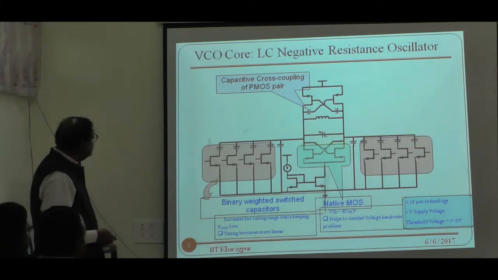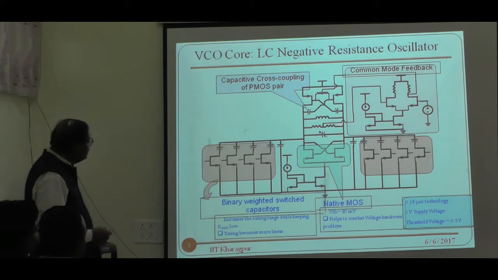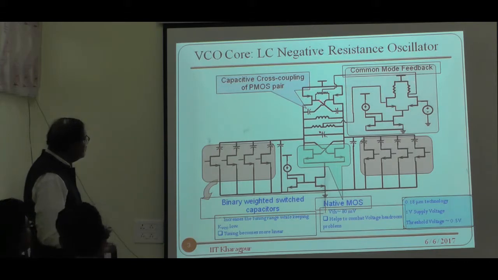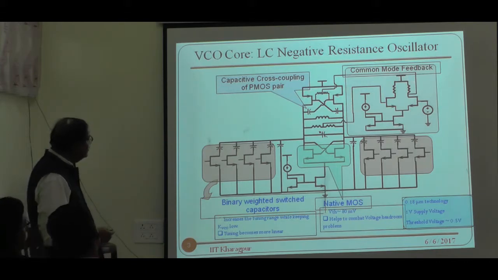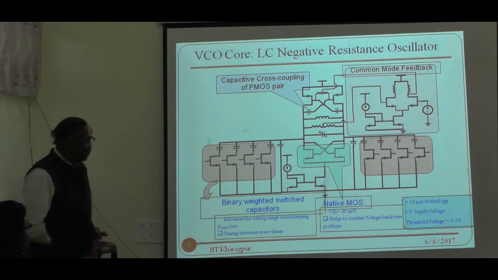Now coming to the next one. Sometimes the voltage here, you need these two pairs to have the same voltage level. If this is not so, then there will be an error voltage over here, right? So you can pick up that error voltage into a common mode feedback path and then feed back to the gate of the transistor of this cross-coupled pair, so that correspondingly the current will increase or decrease, and this becomes balanced again.